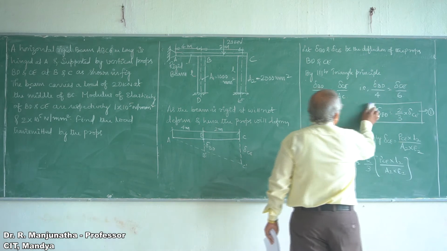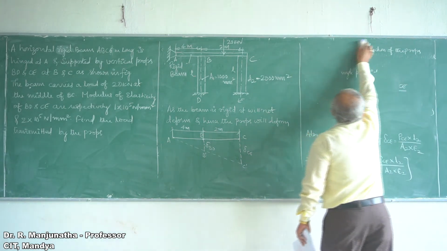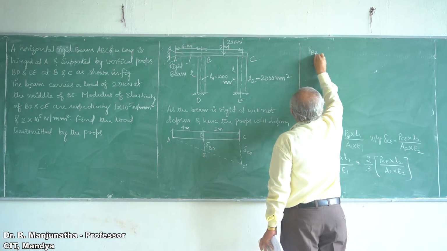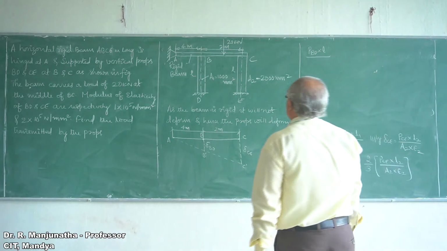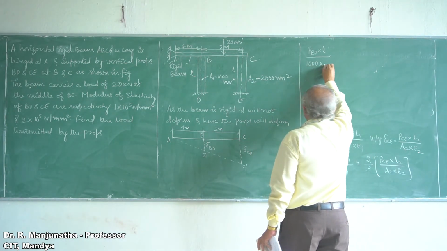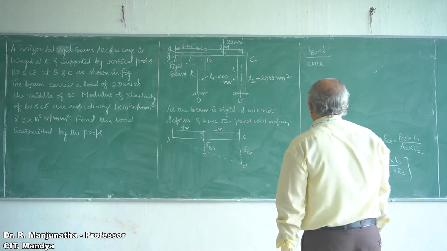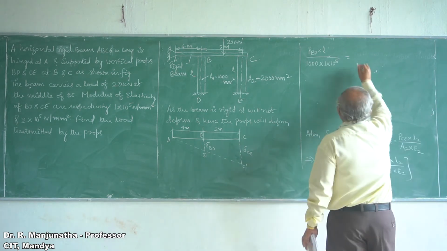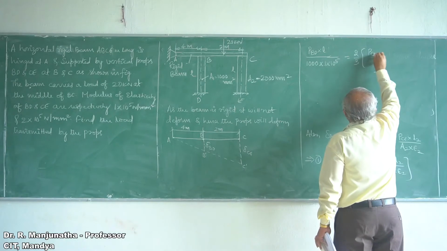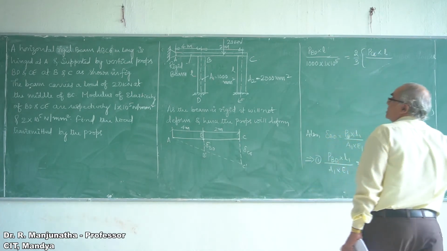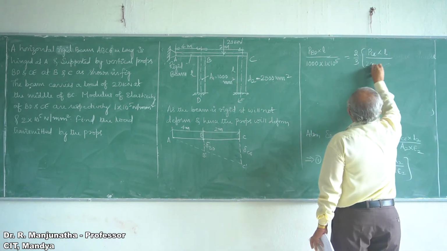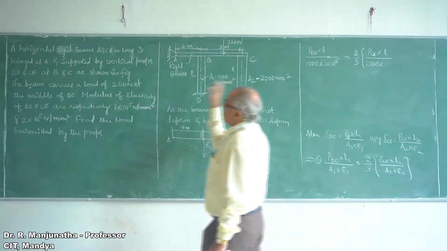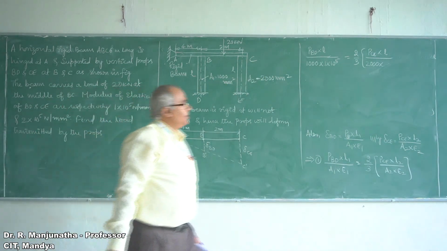Now PBD into L divided by the area of cross section, which is 1000, A1 into E1, that is BD, 1 into 10 to the power of 5, will be equal to 2 by 3 into PCE again into L divided by A2, which is 2000 mm square, into E2, which is the modulus of CE, 2 into 10 to the power of 5 Newton per mm square.